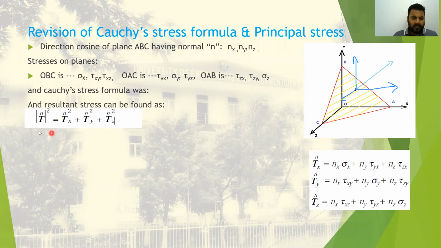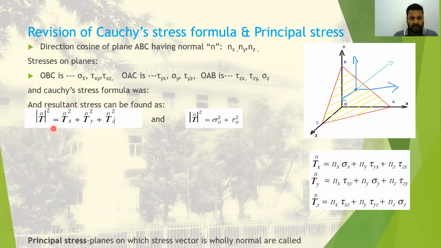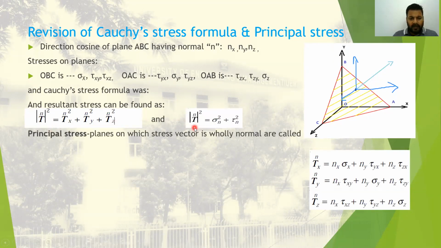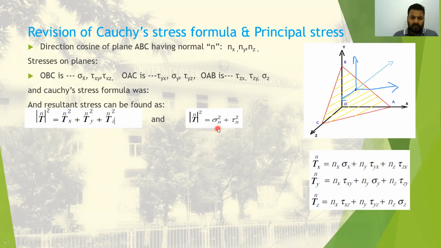This resultant stress is related to shear stress and normal stress, and the relation is Tn square is equal to sigma n square plus tau n square, where sigma n is the normal stress and tau n is the shear stress.